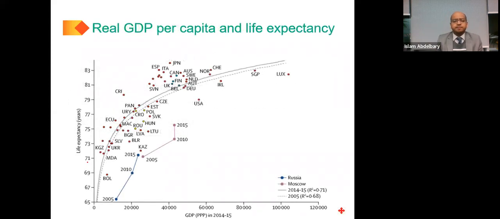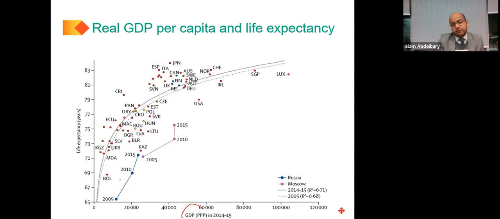So here is the GDP per capita and life expectancy, the age of people over countries. As you can see here, there's a direct positive relation between the GDP and the ages.